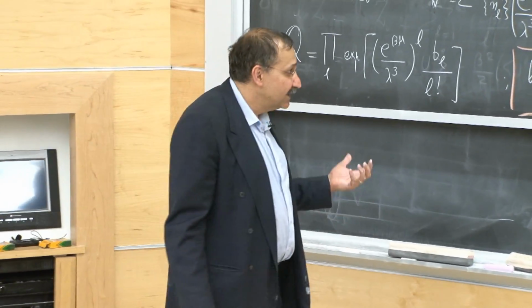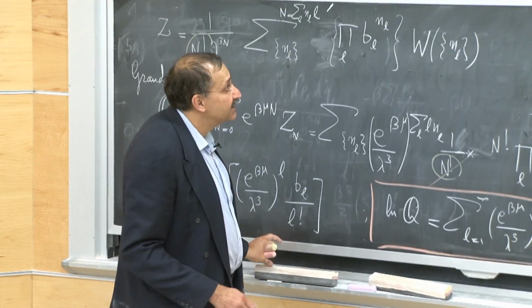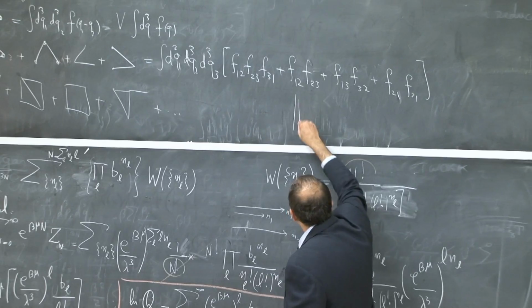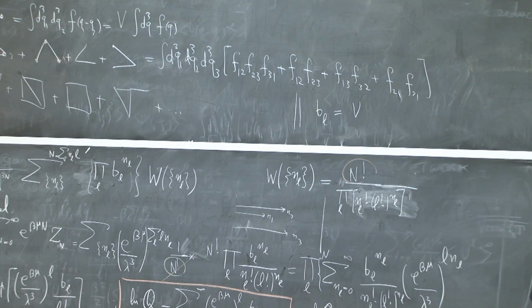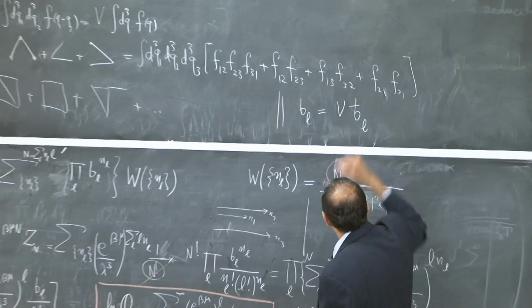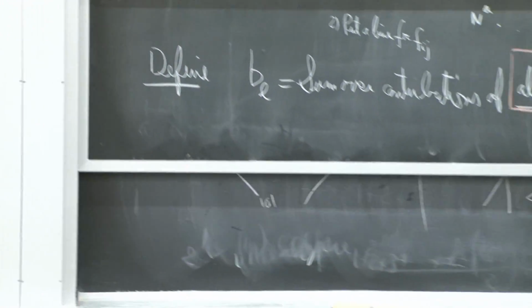So in some sense, what I have established here, again related to that, is that clearly all of my B_l are proportional to volume. And I can define something that I will call B_l bar, which is the thing divided by the volume.